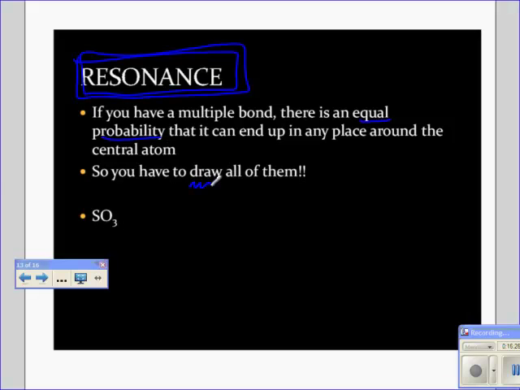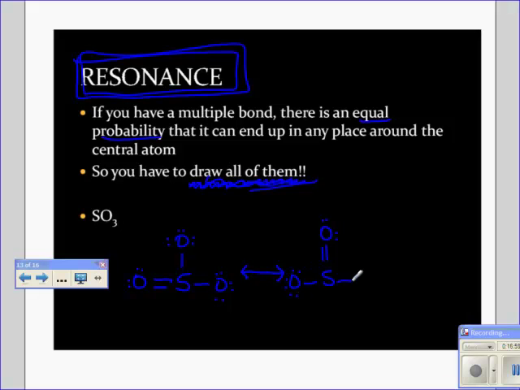So the fun, well, it's not really that fun, but you have to do it. If there's a possibility that it could be in a different place, you have to draw it in that place. So I drew it like this, with the double bond to the left. I wouldn't have had to. I could have put it on the top with 4 more and had these with 6.